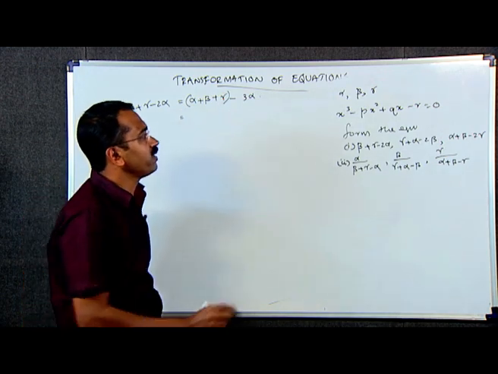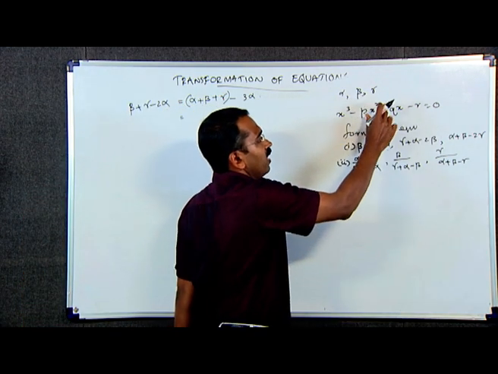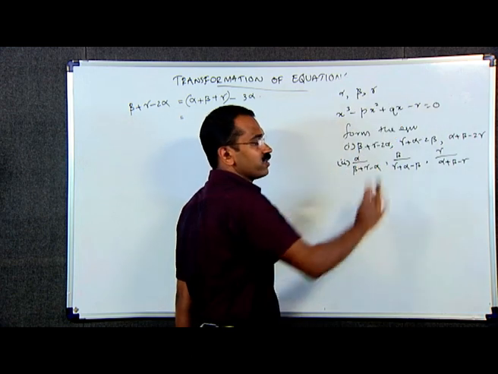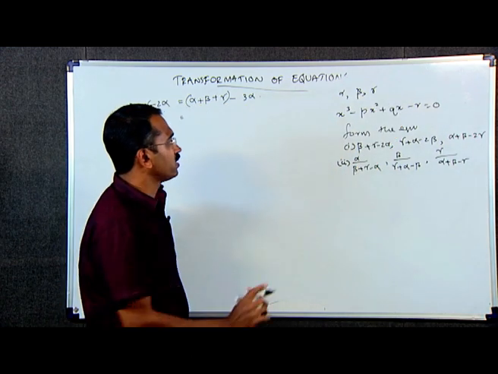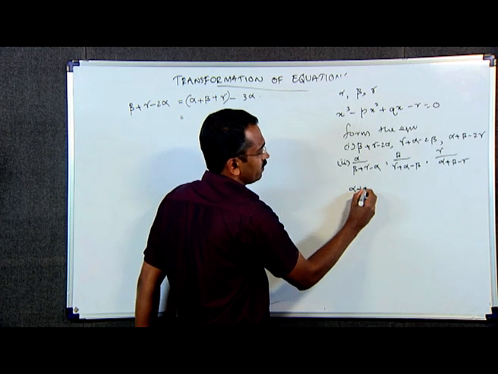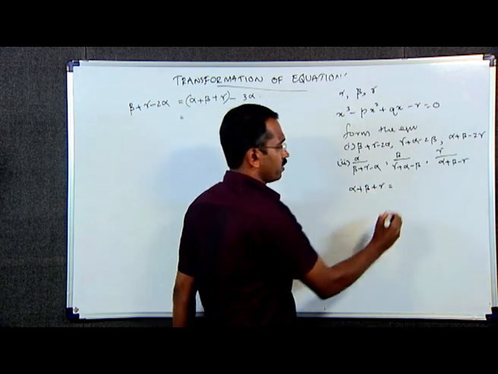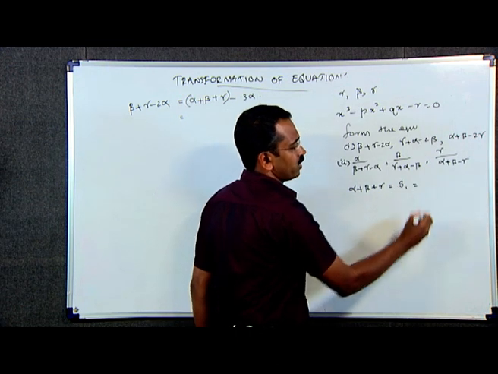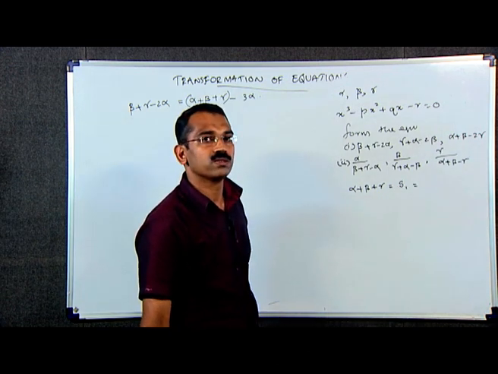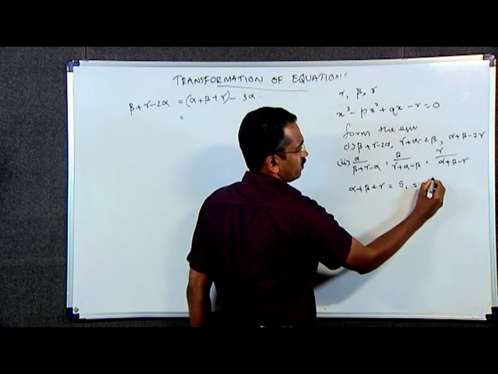Since alpha, beta and gamma are the roots of this given equation, we can write alpha plus beta plus gamma as S1. S1 is minus A1 divided by A0.